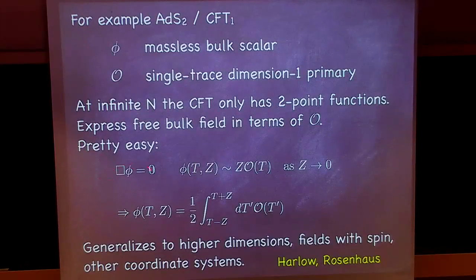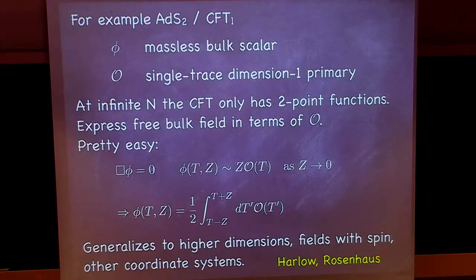You want to solve a massless wave equation in the bulk, and impose appropriate boundary conditions so that your bulk field falls off like z times your operator in the CFT as you approach the boundary. Those are the equations you need to solve. Here's the solution. It expresses the bulk field in terms of your boundary operator smeared over some interval in the time direction.